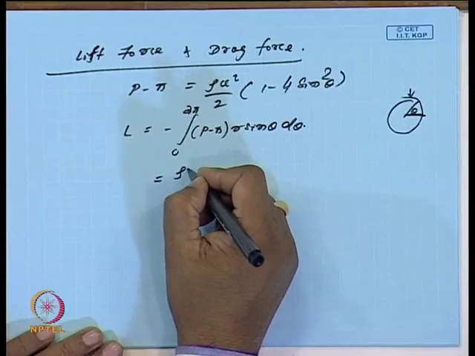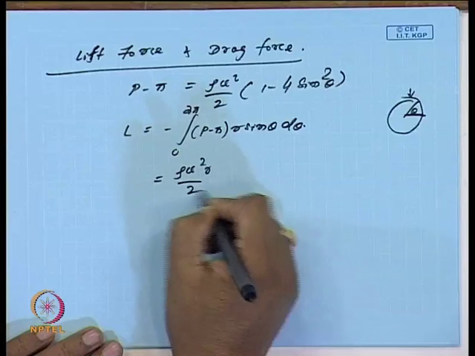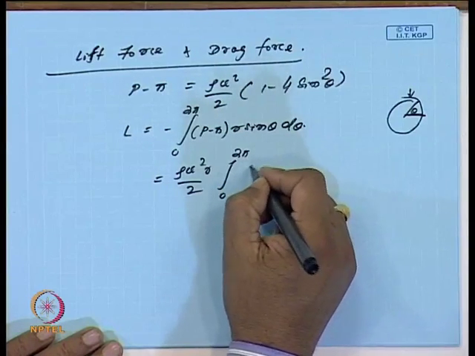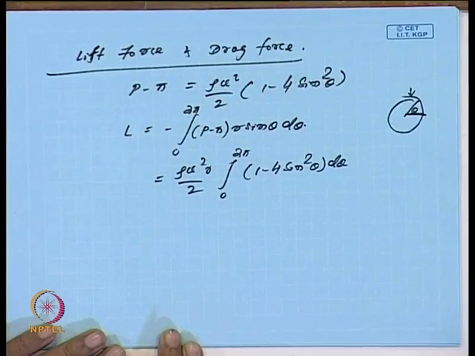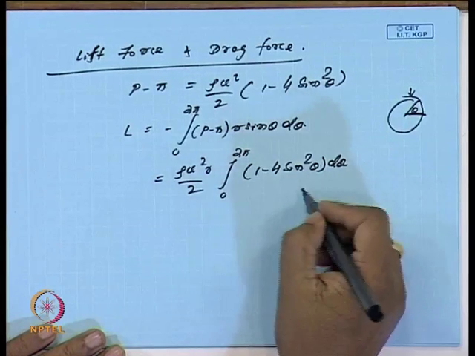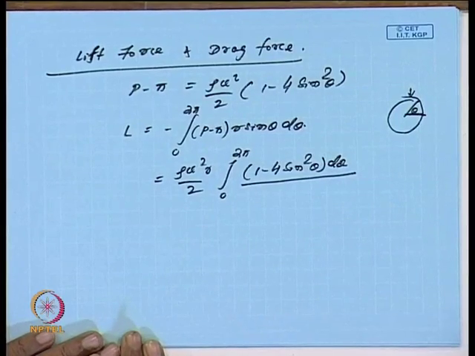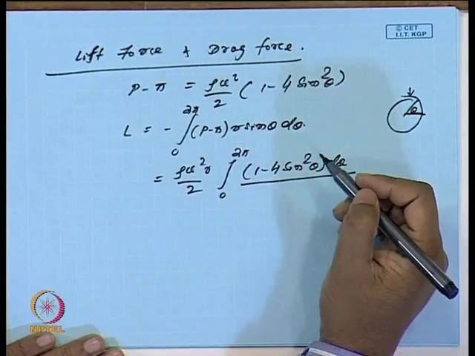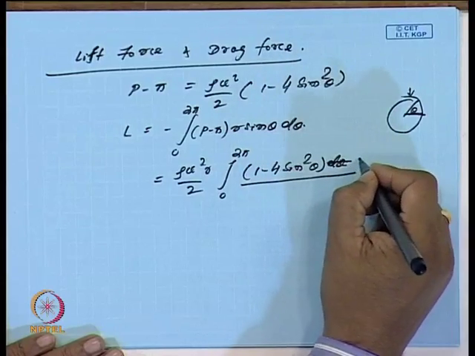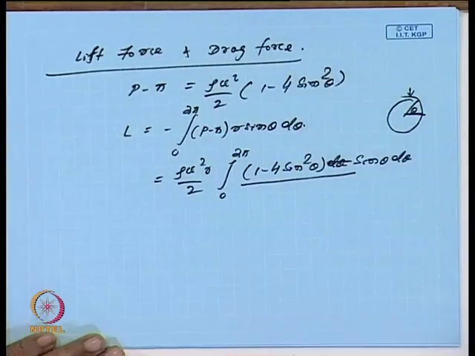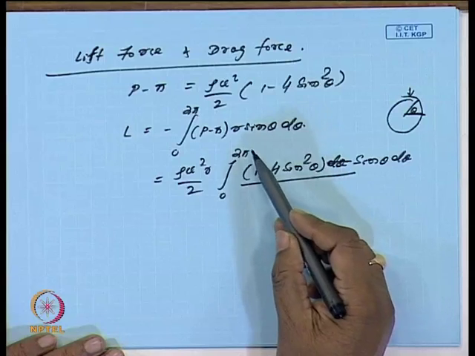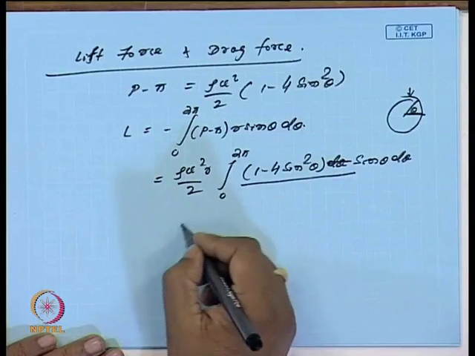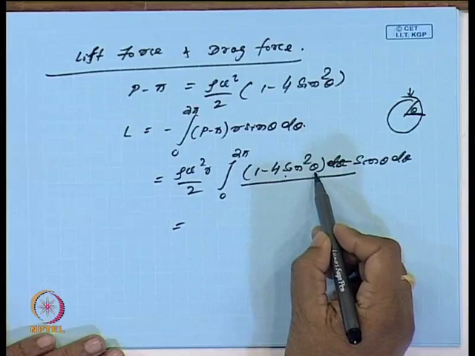That will give us rho u square r by 2 into the integral 0 to 2 pi of 1 minus 4 sin square theta into sin theta d theta.